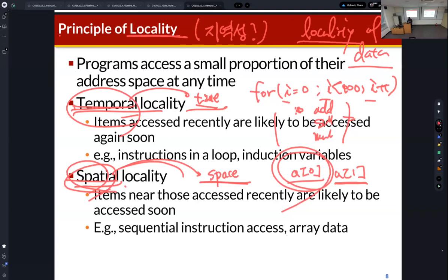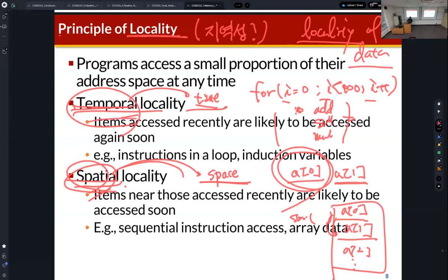So actually, we already know that. If A0 is here, then with the size of the element, the next element A1 is here, and then A2 is here in the memory, right? So the near data will be accessed in the near future. This is called spatial locality.